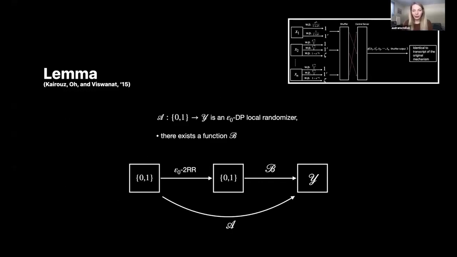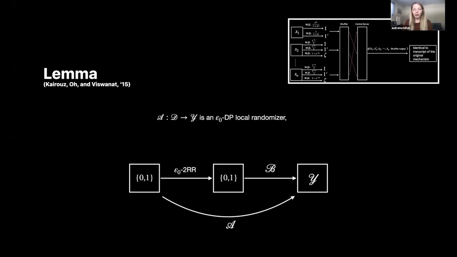Explicitly, it says that if you have an epsilon differentially private mechanism from {0,1} into any output space, then there exists a post-processing function B such that you can break down your mechanism as first running binary randomized response, and then applying some function to the output. Okay, so you can break it down in this way.